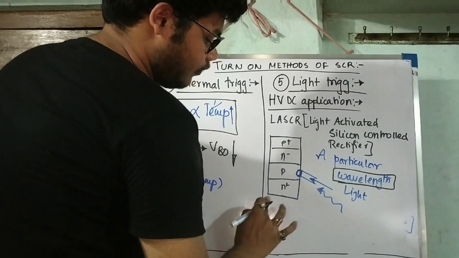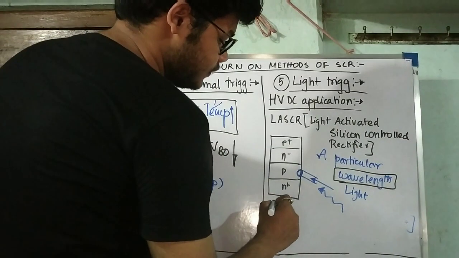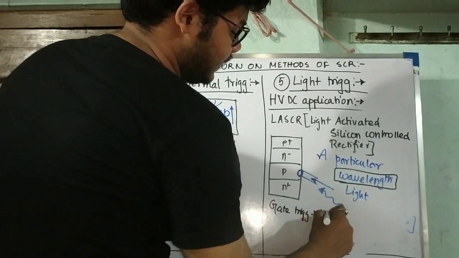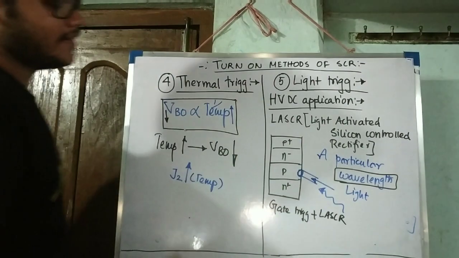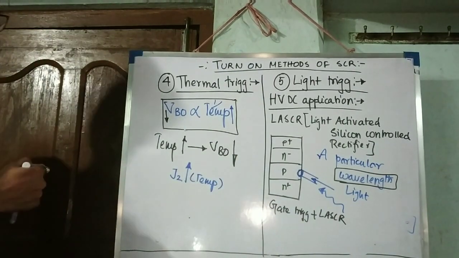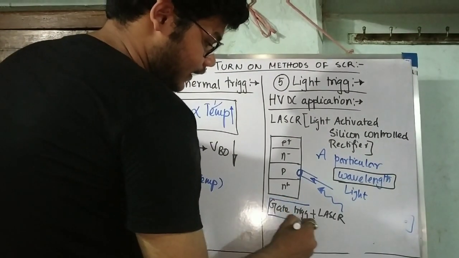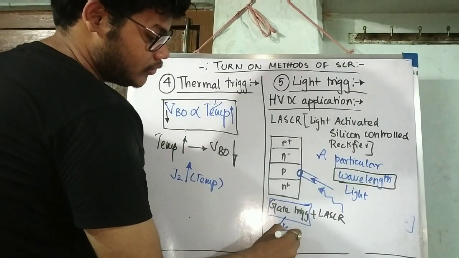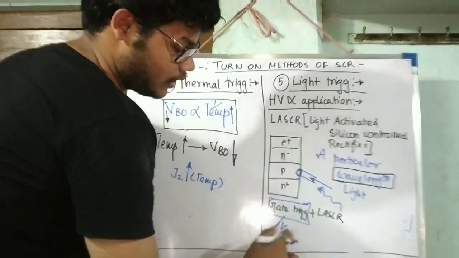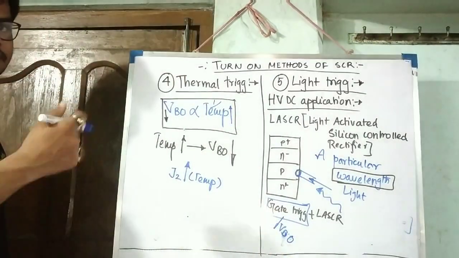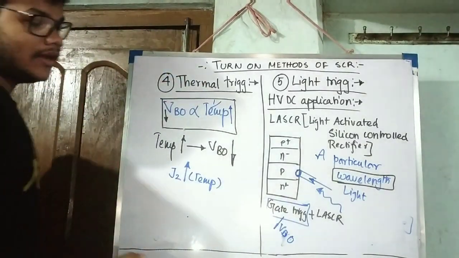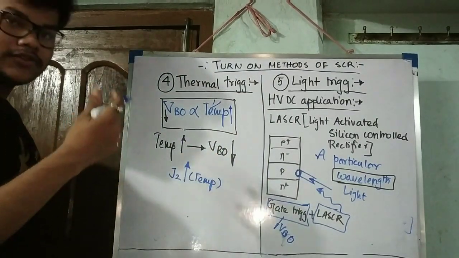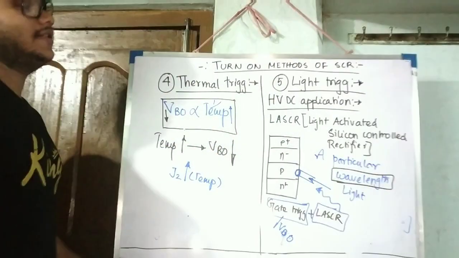So in practice, sometimes we use gate triggering plus LASCR. So what is the advantage of this method? The gate current lowers your VBO. If we apply some gate current, the forward breakover voltage is lowered, and the intensity of the light required to trigger the SCR is low, and the SCR is triggered quite easily.